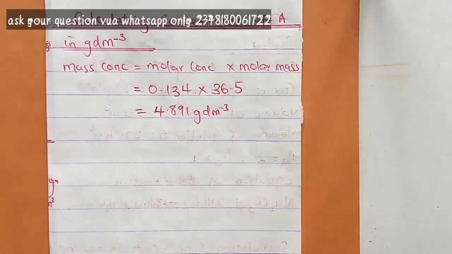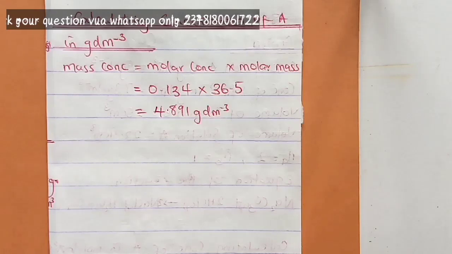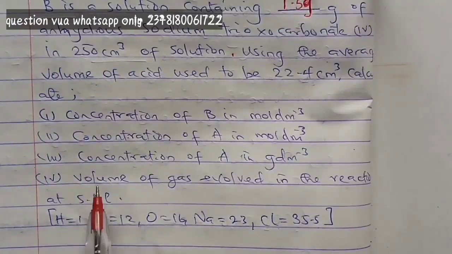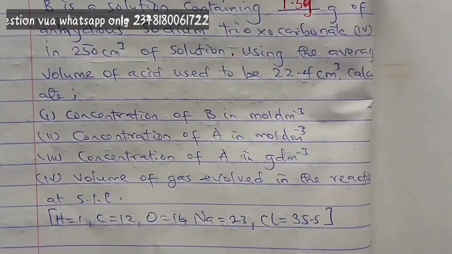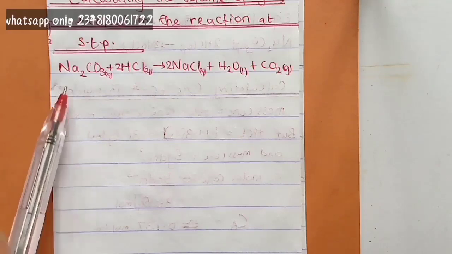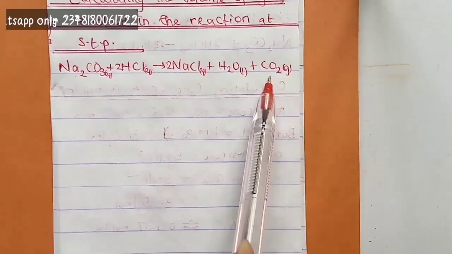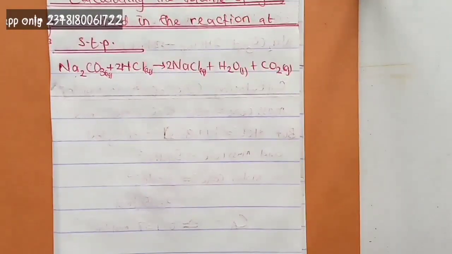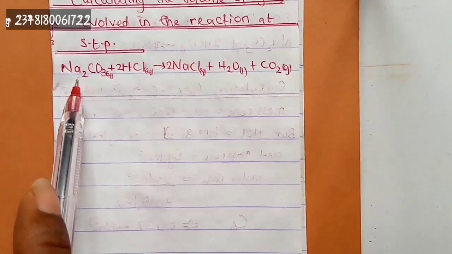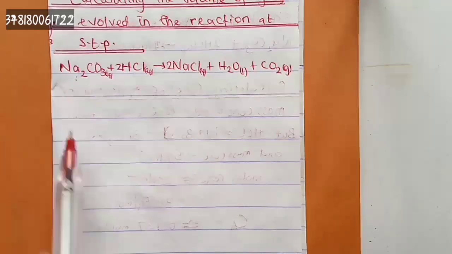Let's go for the last question. The volume of gas evolved in the reaction at STP. We need to check back the equation of the reaction. Let's look at it very well. This points that 1 mole of this will produce 1 mole of this. And we had 0.06 mole of this sodium trioxocarbonate(IV) that is going to produce 1 mole of carbon(IV) oxide.